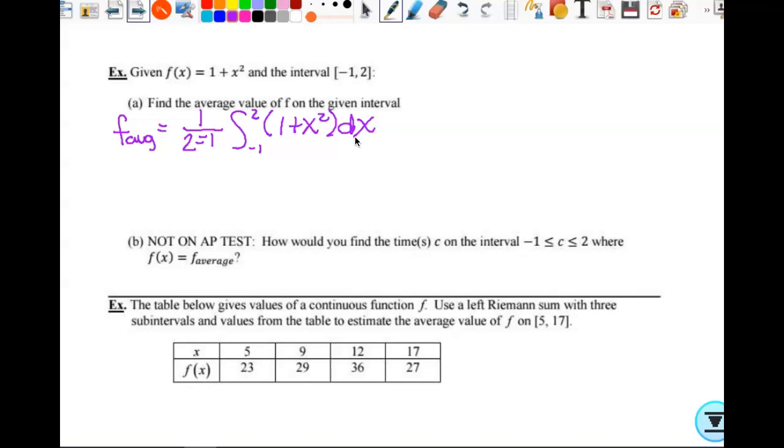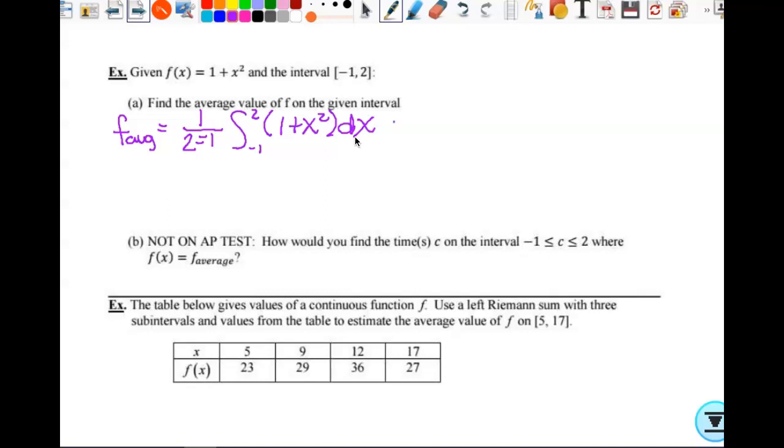That's something you can handle. Since it's a polynomial, you can separate them if you want to, but you don't have to physically separate them. You can just do a piece at a time, okay?